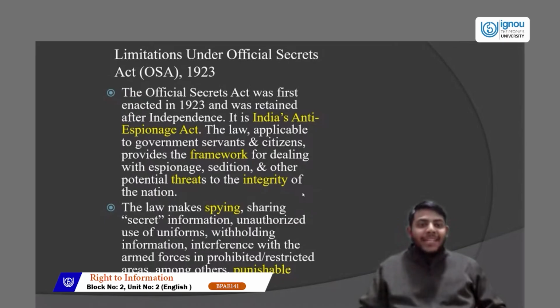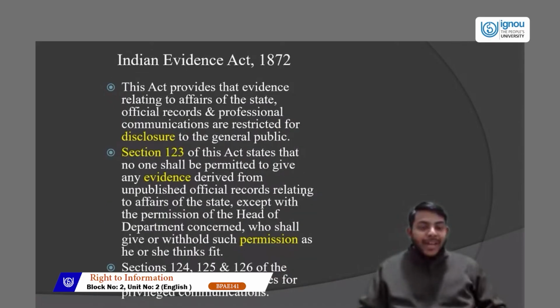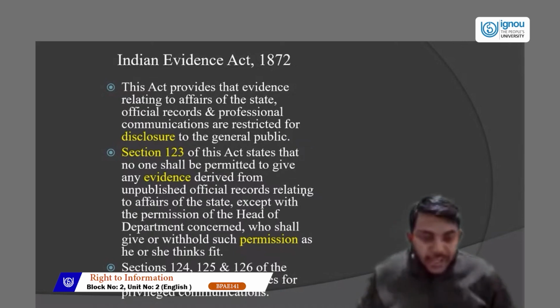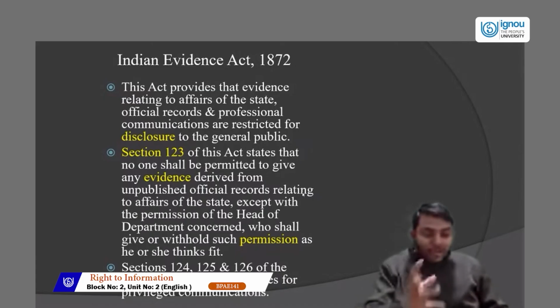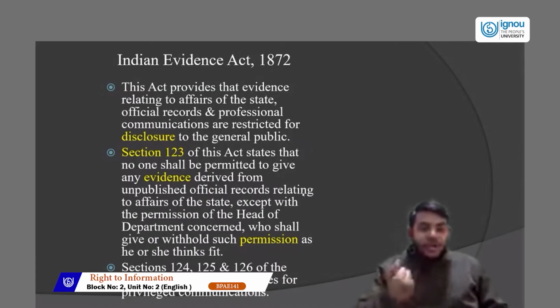Section 123 of this Indian Evidence Act states that no one shall be permitted to give any evidence derived from unpublished official records relating to the affairs of the state, except with the permission of the heads of the respective departments concerned, who shall have the right to give or withhold such permission as he or she thinks fit. So this is what the Indian Evidence Act of 1872 has said.